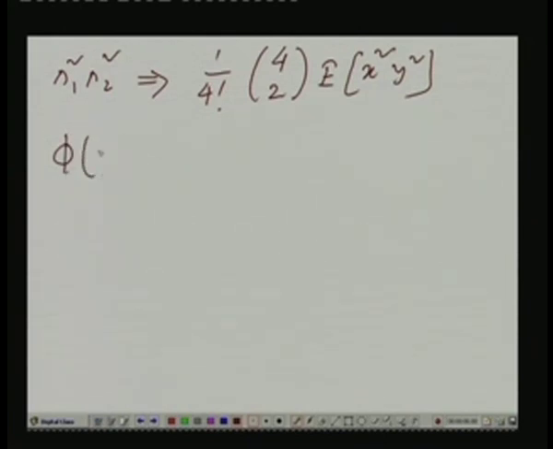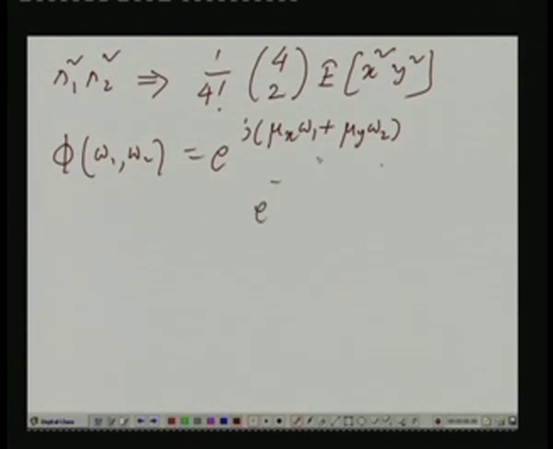Phi omega 1 omega 2, we have seen it earlier, is equal to e to the power j mu x omega 1 plus mu y omega 2, times again e to the power minus half, and no j here, omega 1 square sigma 1 square plus twice r sigma 1 sigma 2 omega 1 omega 2 plus omega 2 square sigma 2 square.